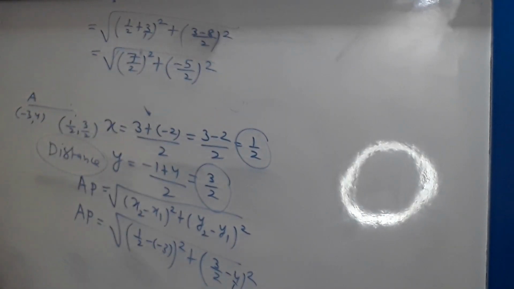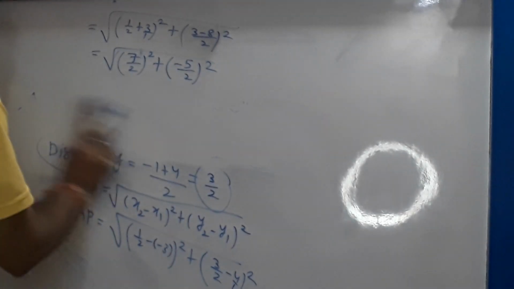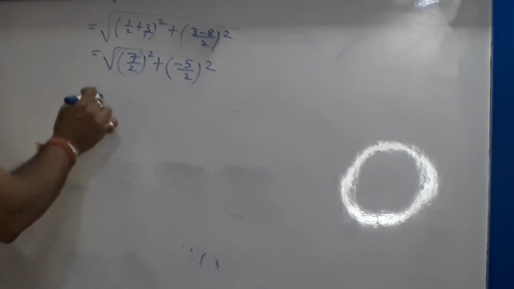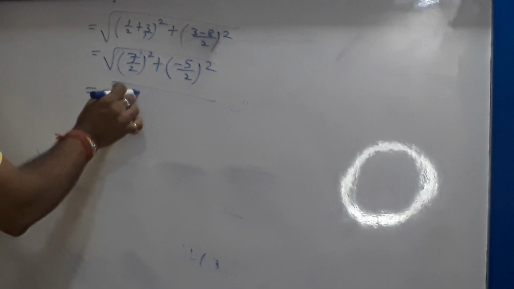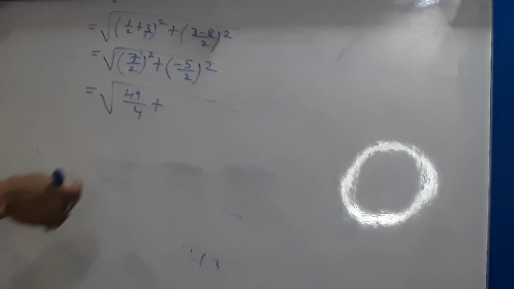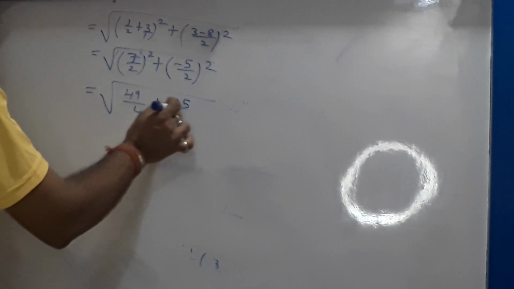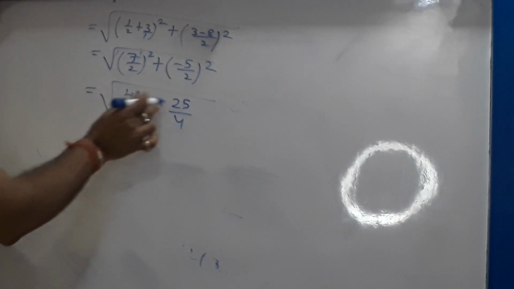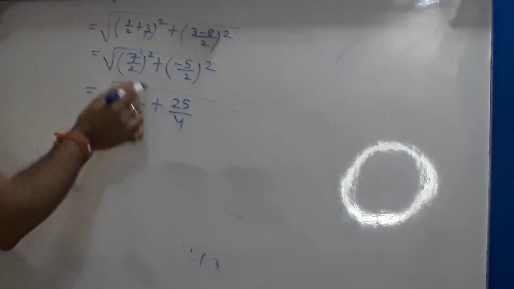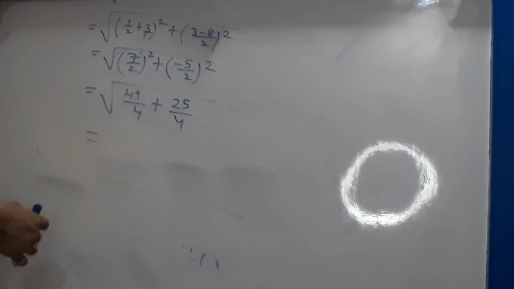So 7 का square 49, 49 by 4. So 49 by 4 plus, whether the number is negative or positive, its square is always positive. 5 का square 25 by 4, 49 plus 25, correct? Clear?